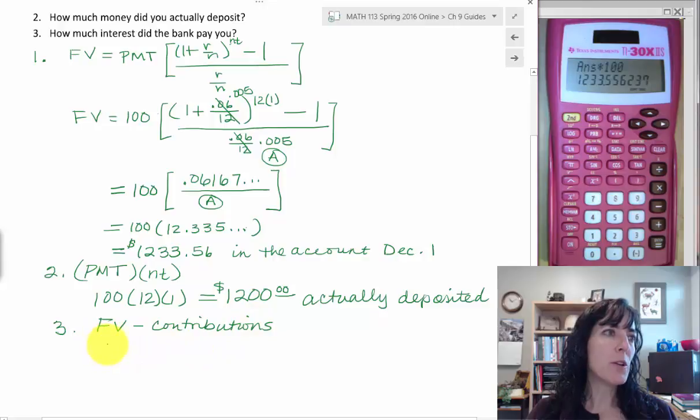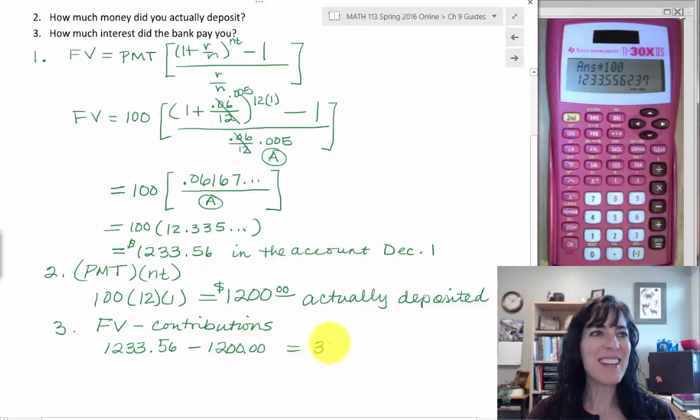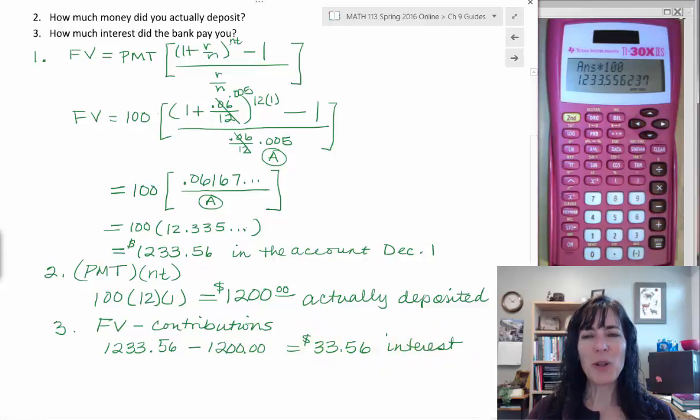And so the future value was $1,233.56, and we subtract off the $1,200 that we actually deposited, and that leaves us, I can see it, $33.56 interest. And that's pretty good actually for a small annuity and for a short period of time. So $33.56 interest that you earned on that account.